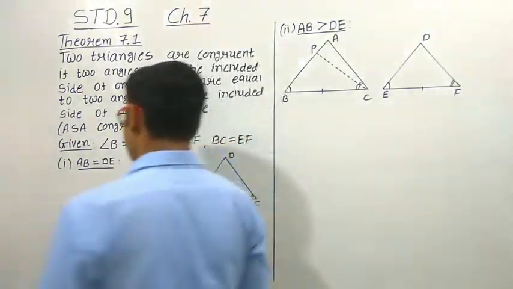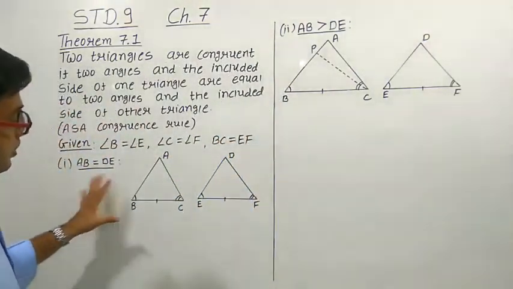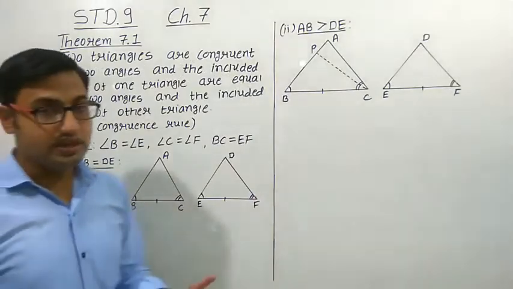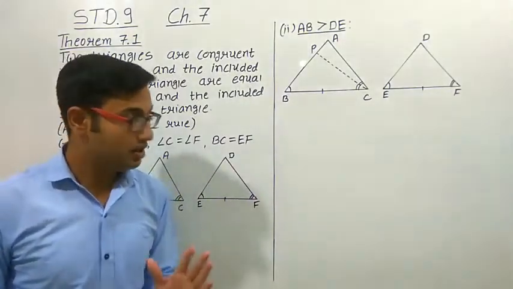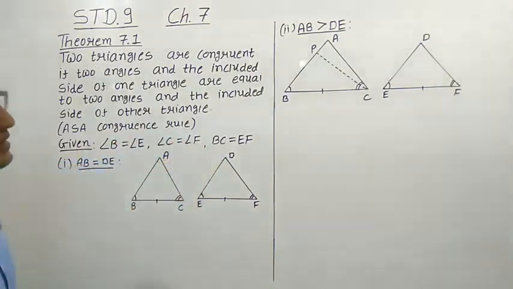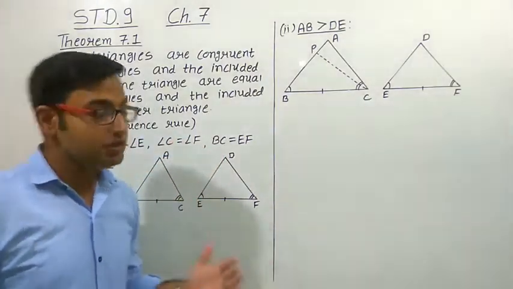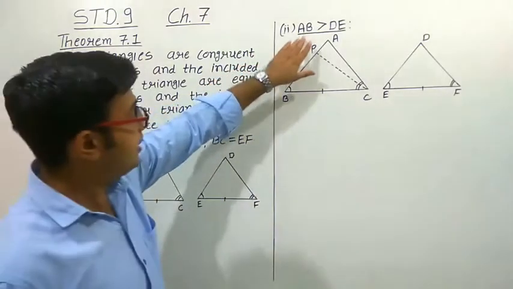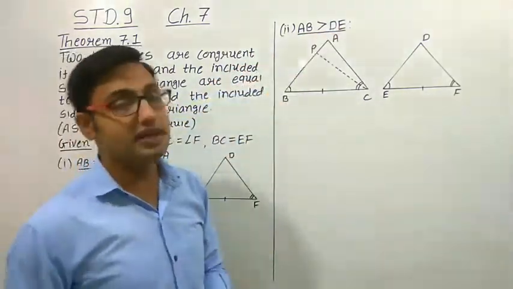So let us see. Here, if we take the two triangles in this way, then three possibilities occur. The first possibility is that AB side is equal to DE side. The second possibility is that AB side is greater than DE side.